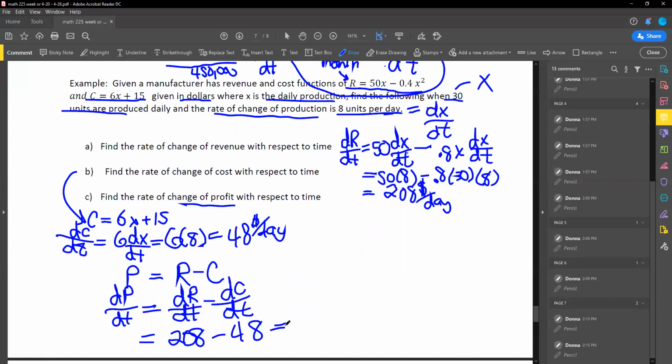So I'm just going to subtract those two. So I get $160 per day. So you're making 160 more a day, okay, at that point.